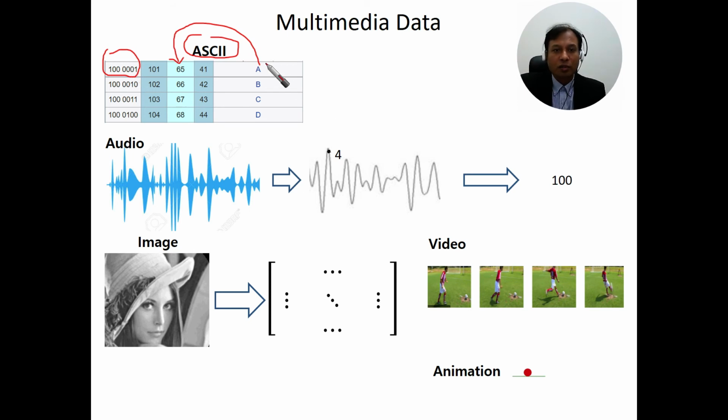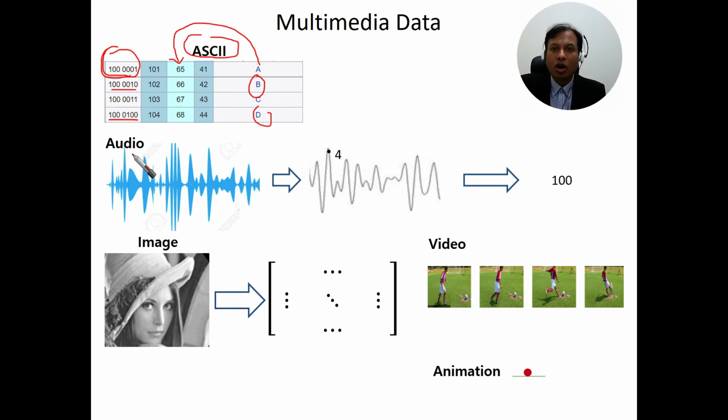The main thing is that text can be represented in ASCII code or Unicode or whatever. You are basically converting to a binary number. Similarly, B has its binary number, D can be represented with this binary number. So multimedia data, in whatever forms we humans see or understand, is for the computer basically a sequence of ones and zeros.